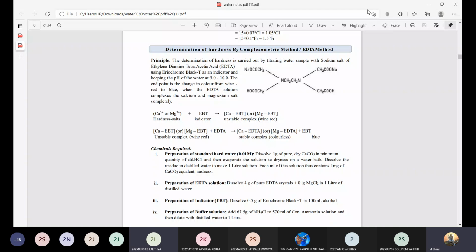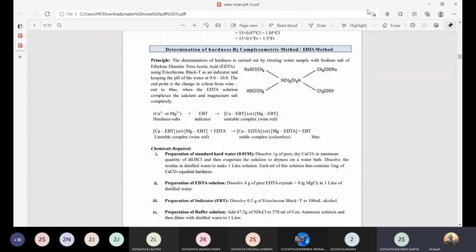No, ma'am. Why? Why do you think the hardness will not be the same?